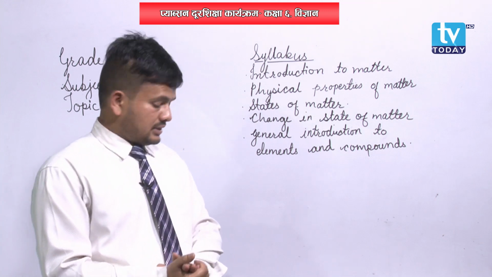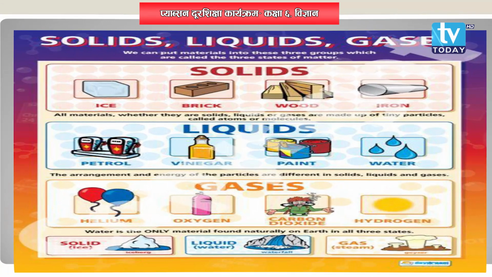Before starting the lesson, you can see here what type of pictures you can see: solid pictures, liquid pictures, and gas pictures. What are the solids? See there: ice, brick, wood, iron.